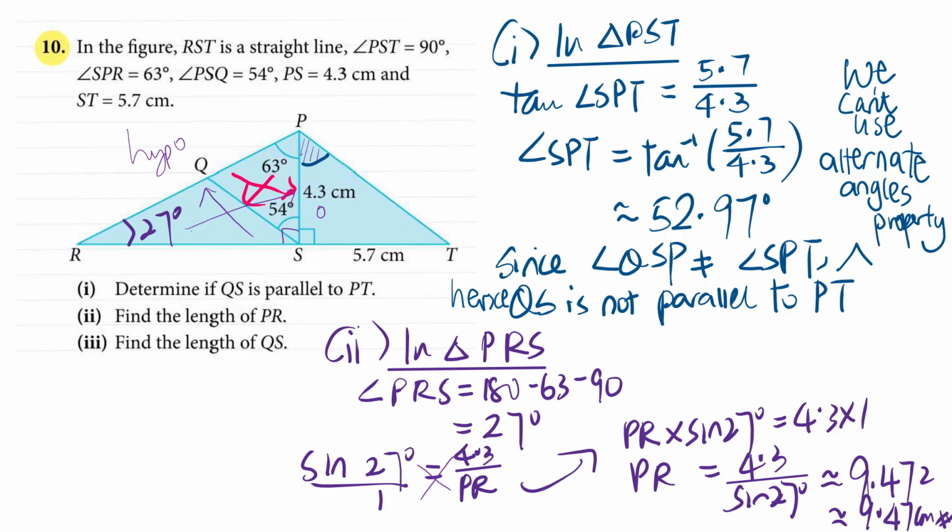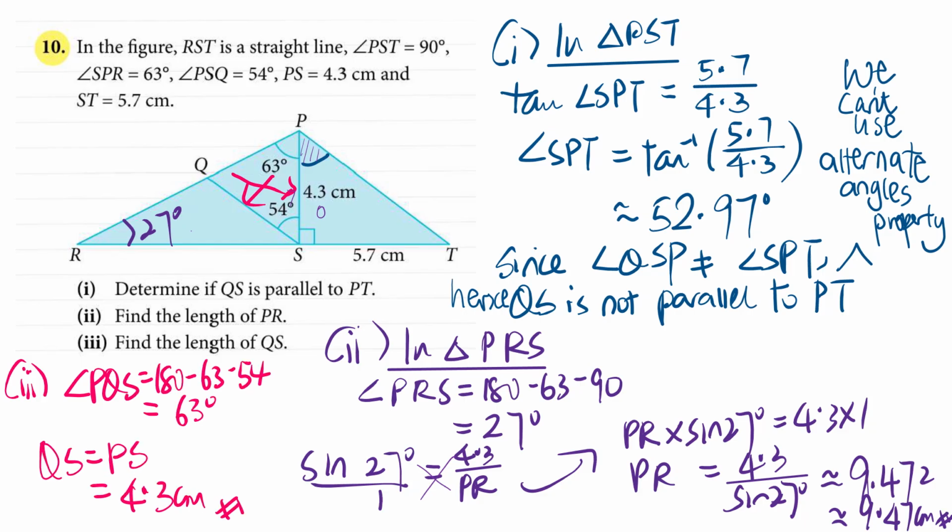The next part of the question asks us to find the length of QS. In this case, we have to use triangle PQS, which is not a right angle triangle anymore, so we have to use the sine rule. We can find angle PQS first to get 63. What do we realize here?